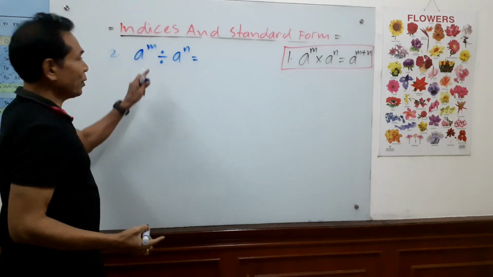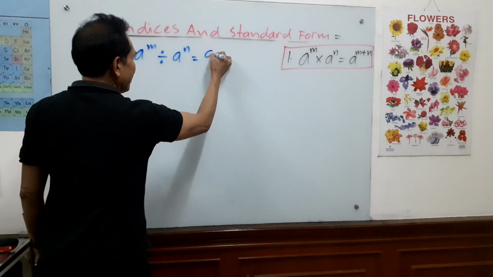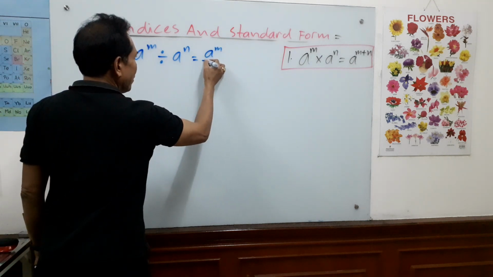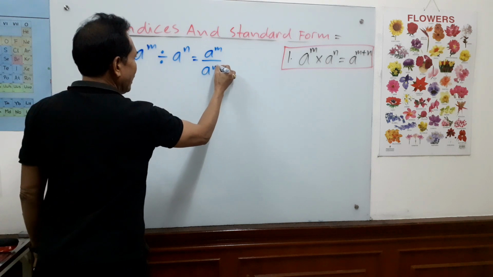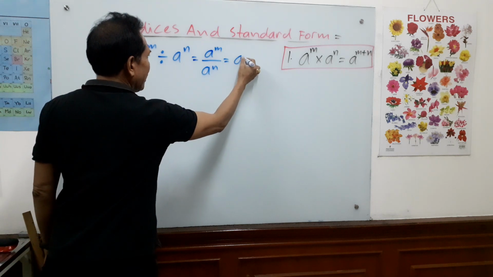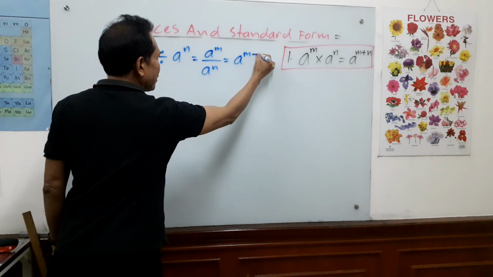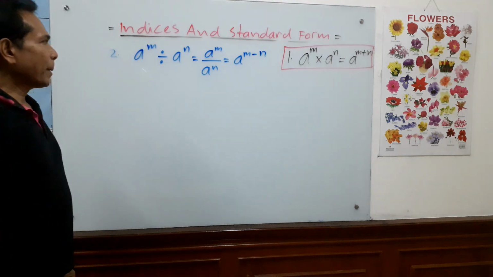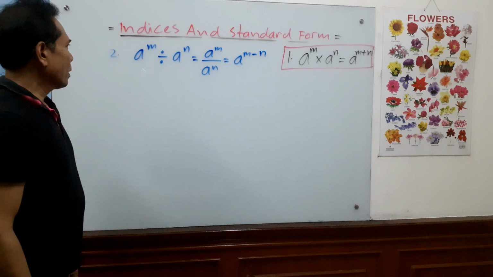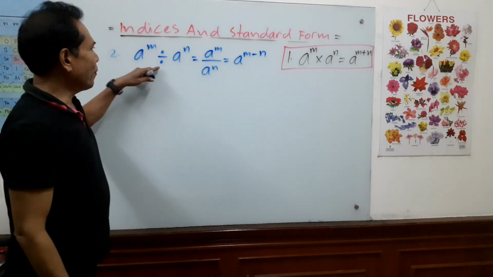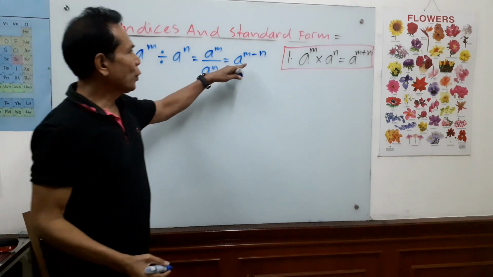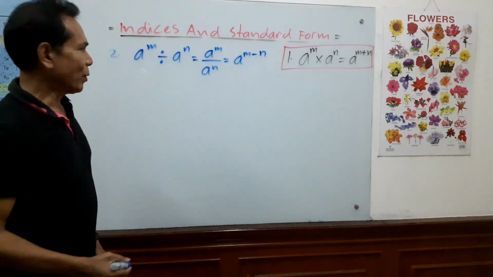Another way to write this is a power m over a power n equals a power m minus n. Okay?